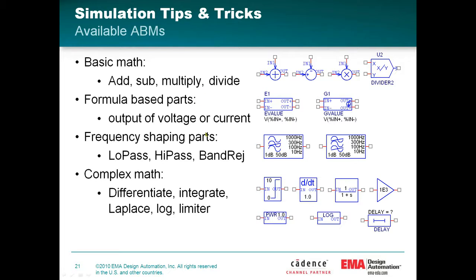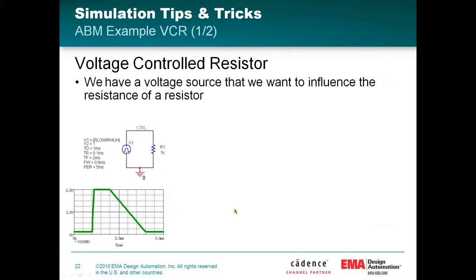Like I said, it's a lot of variety that we offer: voltage and gain control, frequency shaping, where you can do filtering, low pass, high pass, band rejection, things like that. And you can also do some of the more complex math functions, differentiating, integrating, those types of things. So a lot of ABM capability, lots of models available to choose from.